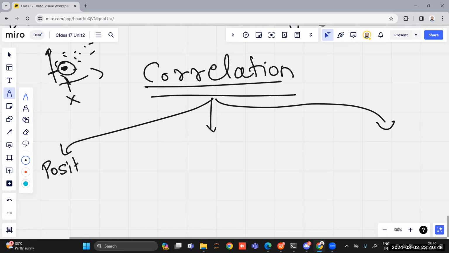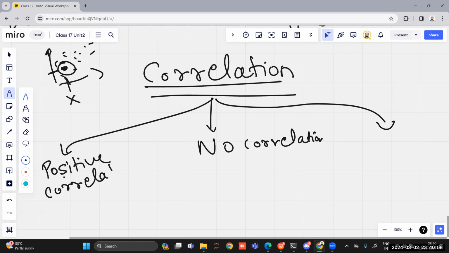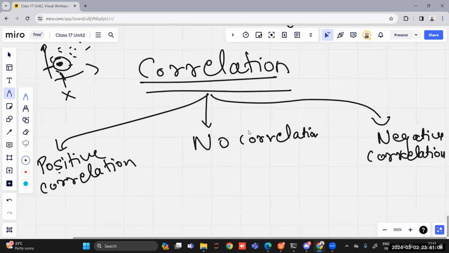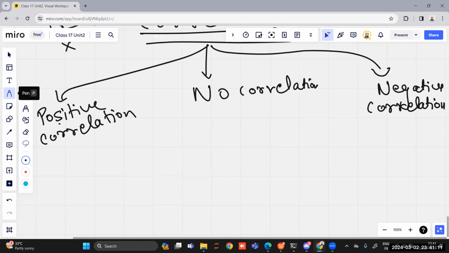Basically, positive correlation, no correlation, and negative correlation. We'll see it with an example of a scatter plot, and different terminologies for it, so it will be more clear. What is positive correlation?